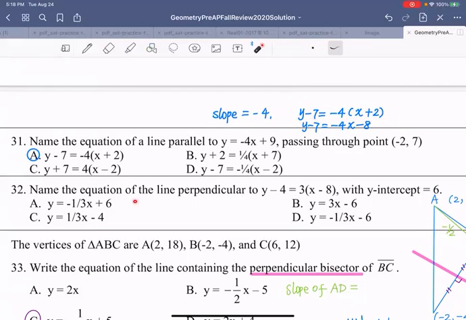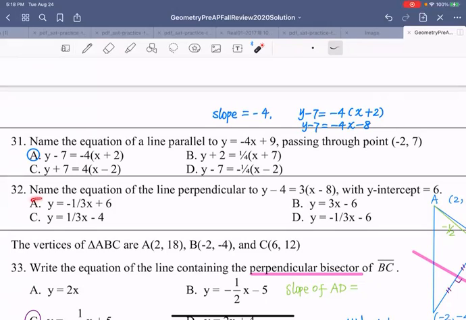Angela, let's do 32, please. Okay. Do I read it? Name the equation of a line parallel to y equals -4x plus 9 passing through point (-2, 7).